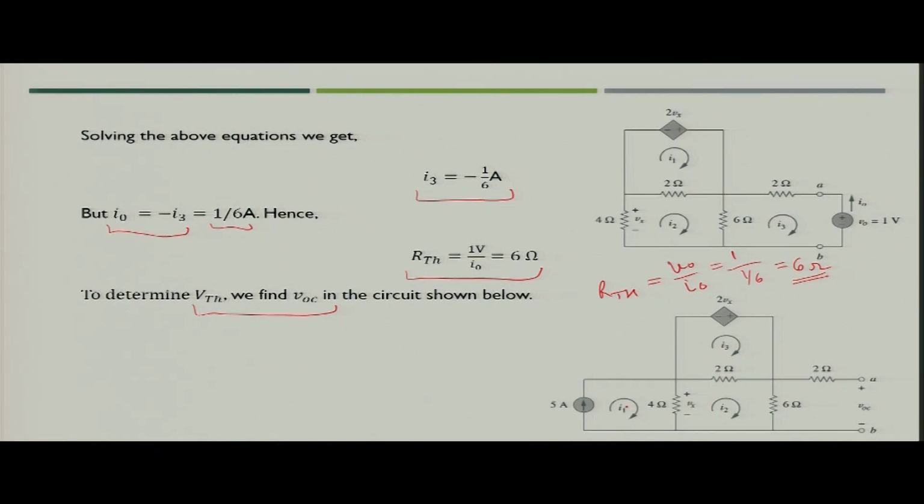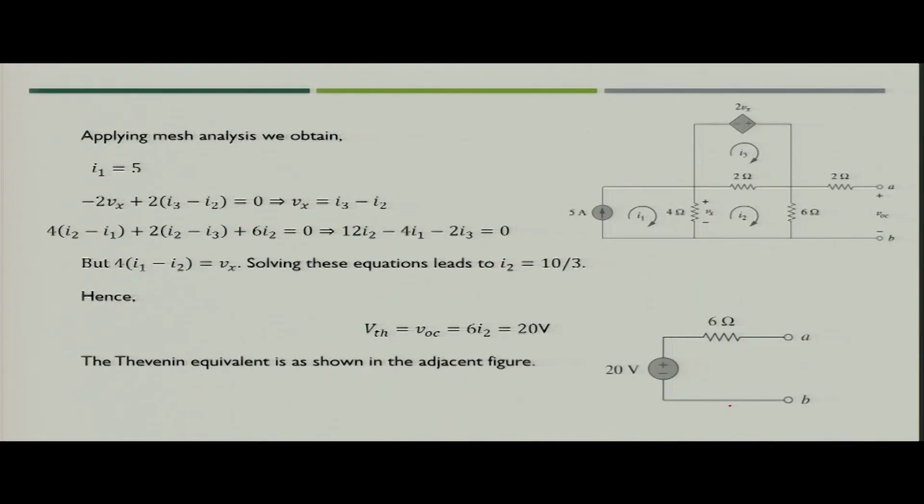Again we have 3 meshes created in the circuit, I1, I2 and I3. We will write the mesh equation for all 3 meshes. You will simply get I1 is 5 ampere, because this is the independent current source connected to it.